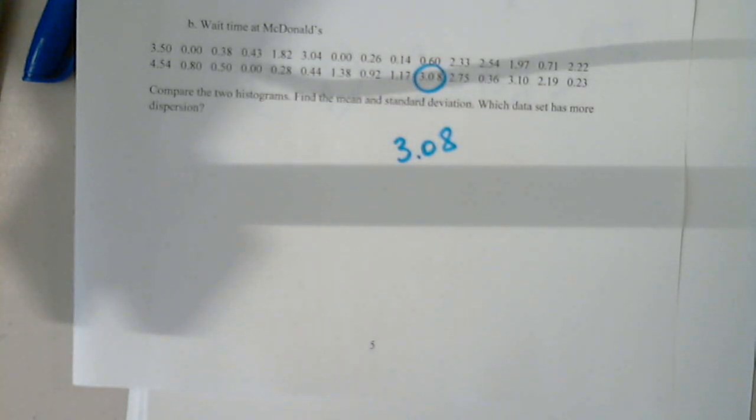However, for the purpose of discussing dispersion, this is much better, because the chances are much higher to wait between 0 and 2 minutes versus 0 and 4. So less spread, although, as you see, 0 to 4, here 0 to 5. So chances are that you will wait in line more at McDonald's.